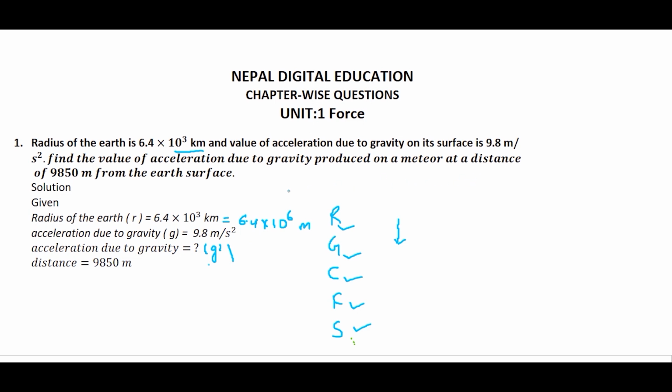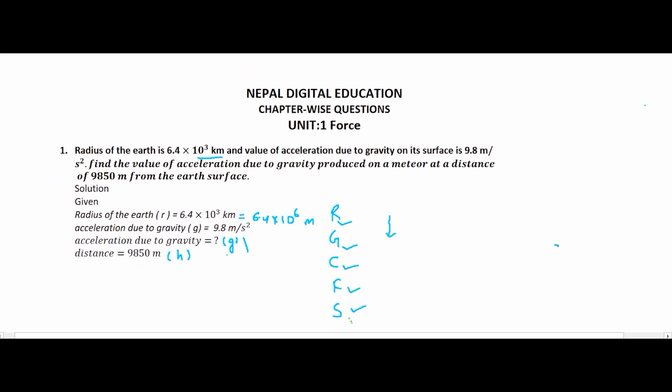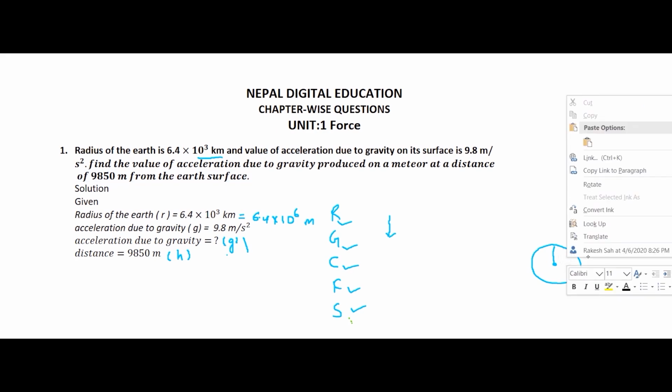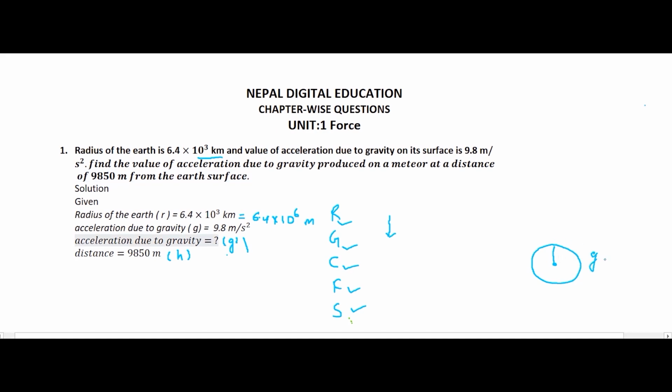produced on the meteor at a distance, means height, given 9850, so it is the value of h. Suppose this is earth, and r is given, the radius is given, so in this case g becomes GM by r square.